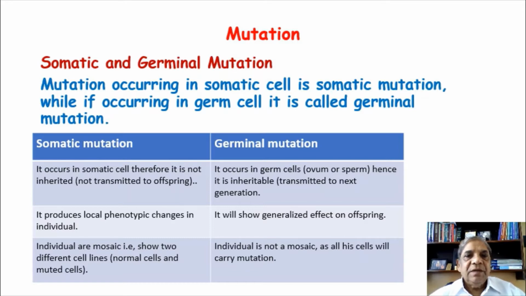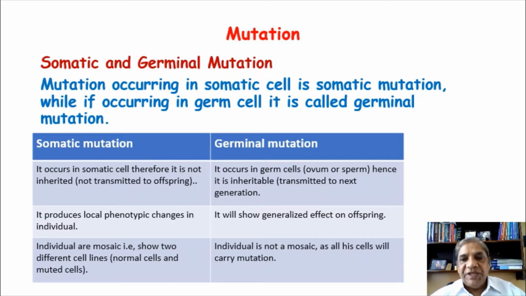When it occurs in a germ cell, it is called germinal mutation, and when it occurs in a somatic cell, that is called somatic mutation. So you should be clear in your mind that the billions of cells of which our body is made up are somatic cells, and those gametes, sperm and ovum, are the germ cells.